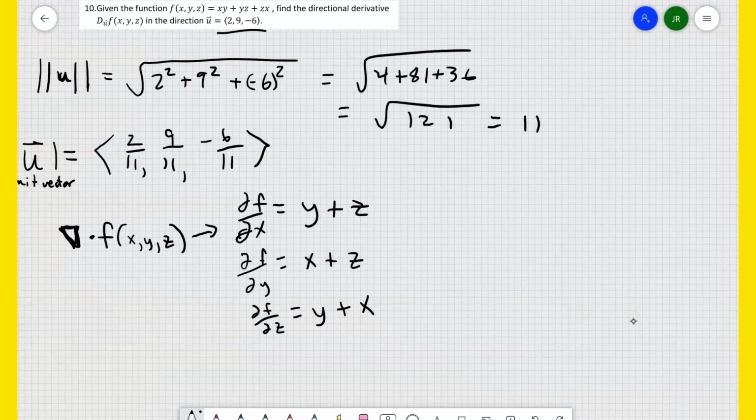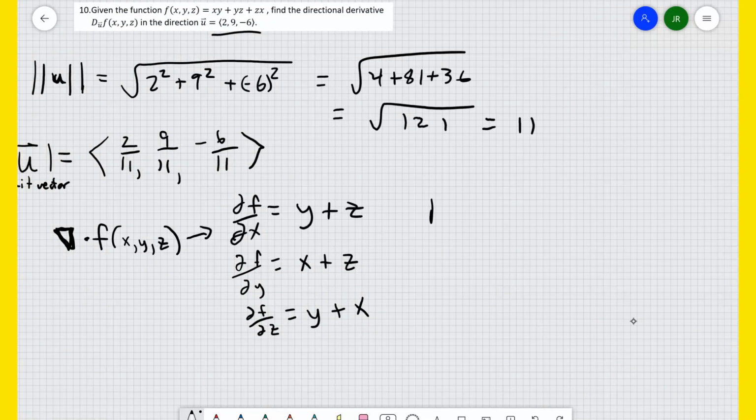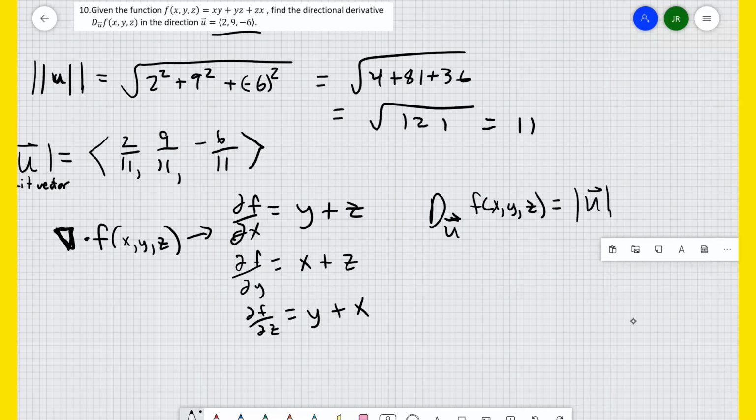So now the derivative in the direction of u of f of x, y, z is equal to basically this unit vector u dot this gradient vector of f.